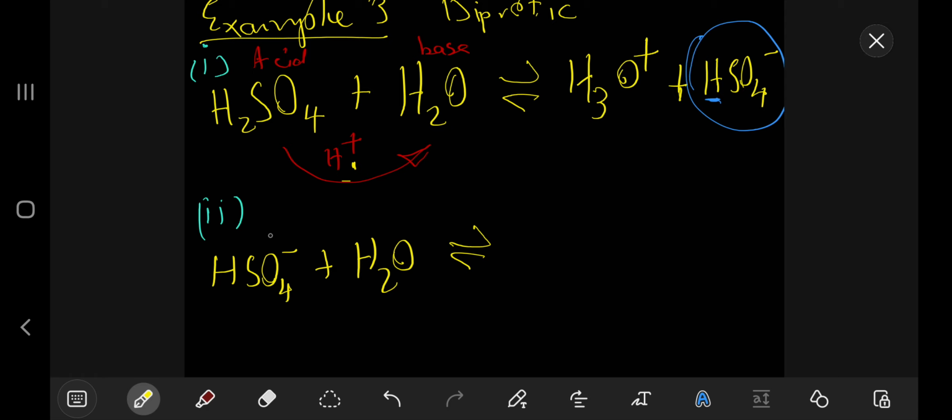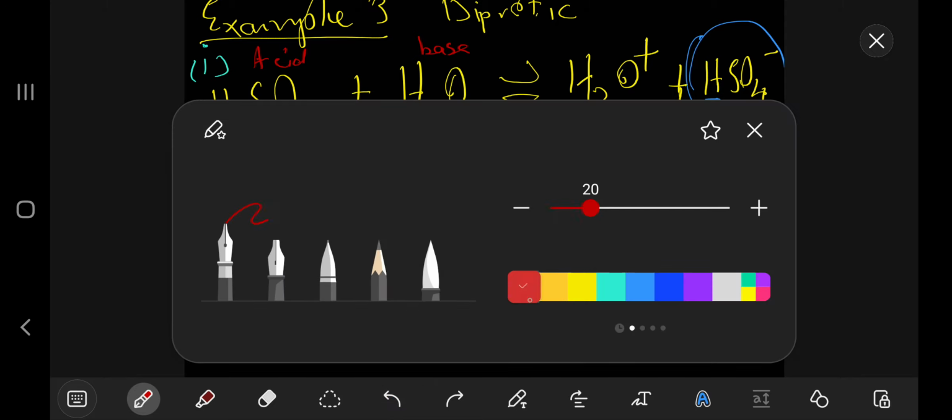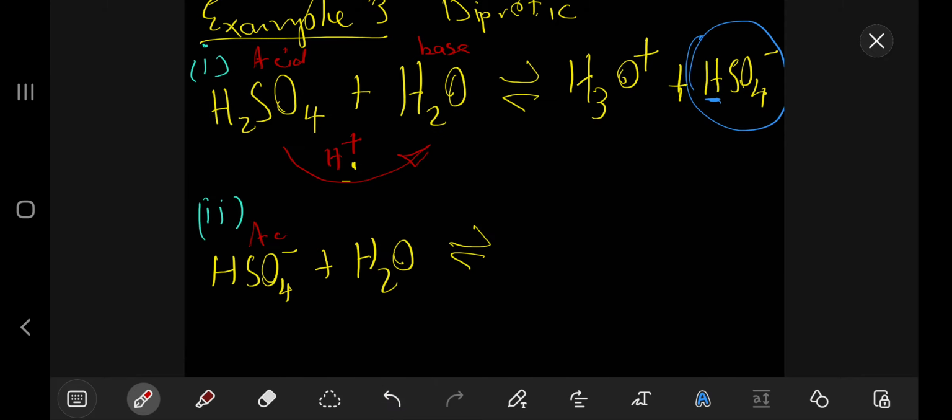So this is an acid, because here it donates a hydrogen. So that is an acid, then it means this will be a base, right?